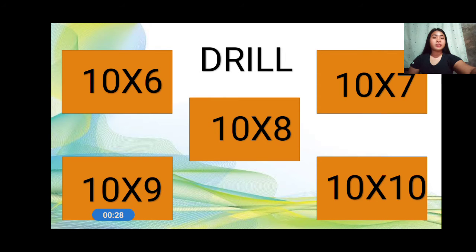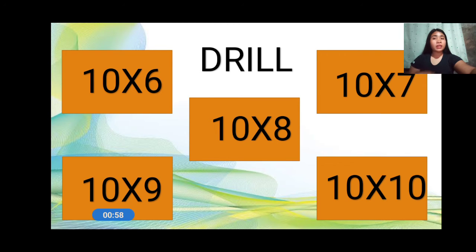Okay, altogether, 10 times 6 equals 60, 10 times 7 equals 70, 10 times 8 equals 80, 10 times 9 equals 90, and 10 times 10 equals 100. Again, 10 times 6 equals, 10 times 7 equals, 10 times 8 equals, 10 times 9 equals, 10 times 10 equals. Okay, very good.